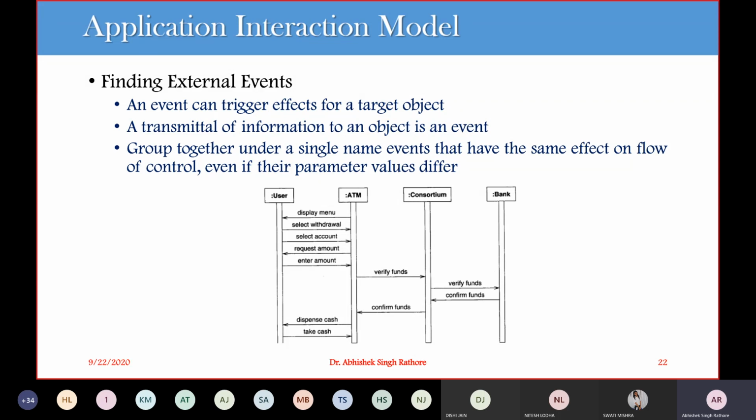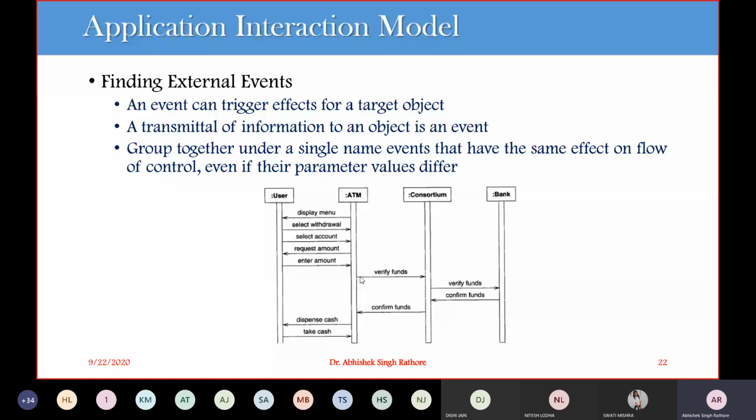So we are going for this withdrawal case, we select withdrawal from here. Then we have to select the account, either a saving account or a current account. Then he is requested what amount he wants to take from your ATM machine. So he enters this amount. Then ATM again creates a triggering event that verifies your fund.